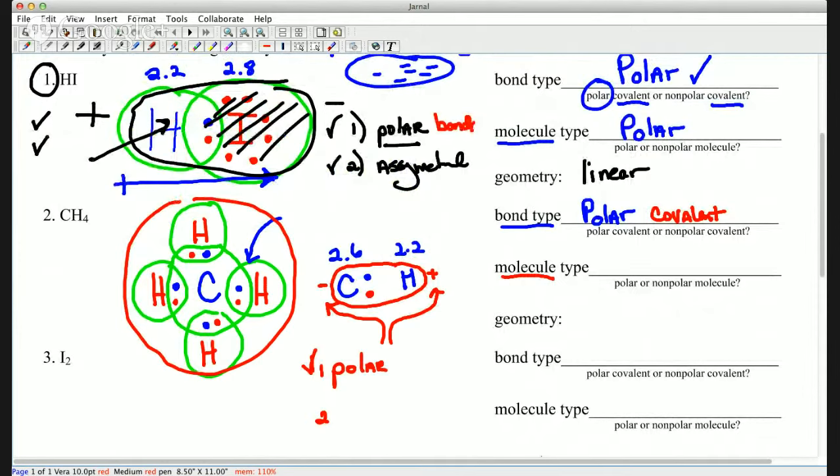Okay, well, this has polar bonds, no question. And because it's the same all the way around, it is very, very nonpolar. These 4 polar bonds cancel themselves out. Now, why do they cancel themselves out? Well, they do so because in every direction, we have the same polar bond. We have the same unequal sharing occurring in all directions.